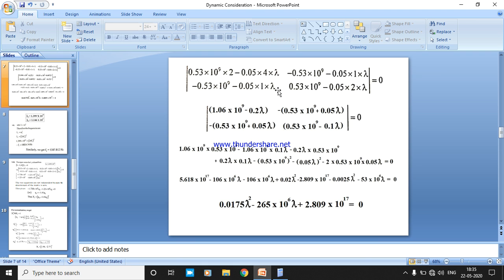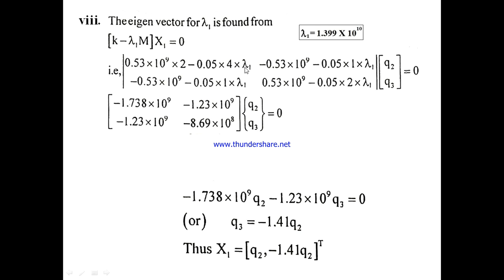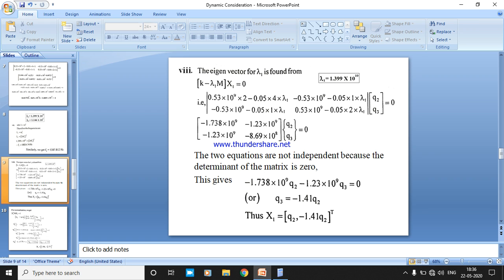Here in this equation, I substituted the lambda 1 value. So here 0.53 into 10 raised to 9 into 2, both are the same here, 1.06 into 10 raised to 9 minus 0.2 lambda, isn't it? Here I substituted lambda 1 and got the numerical value. If I substitute lambda 1 as 1.399 into 10 raised to, I got that.